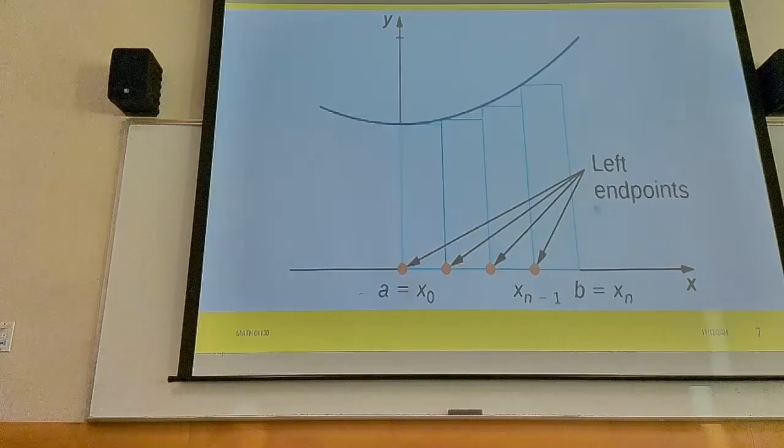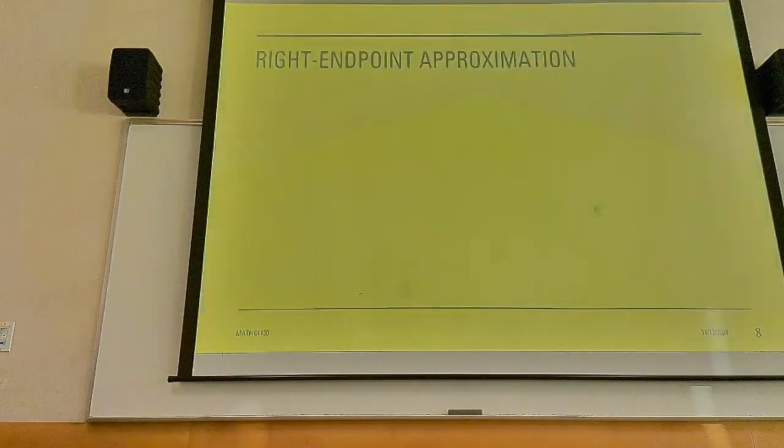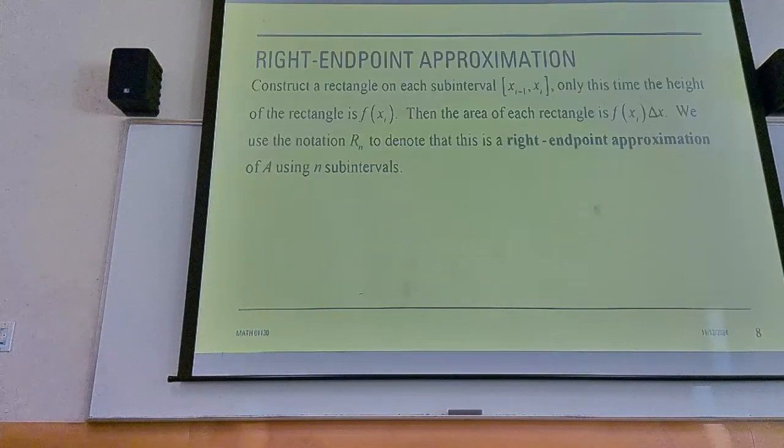Well, we have a left endpoint approximation. Where there's a left, there must also be a right. Same idea, except this time we use the right endpoints to determine the height of the rectangle instead of the left endpoint. And then sum it up.